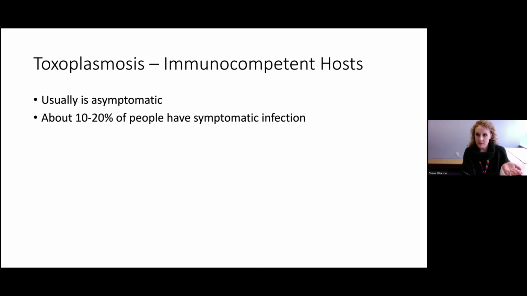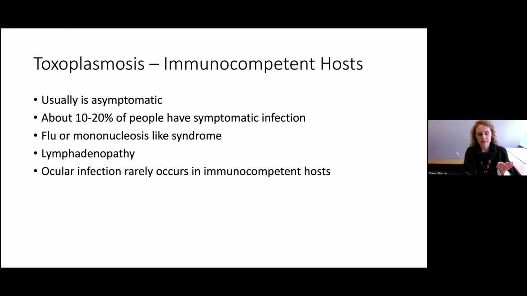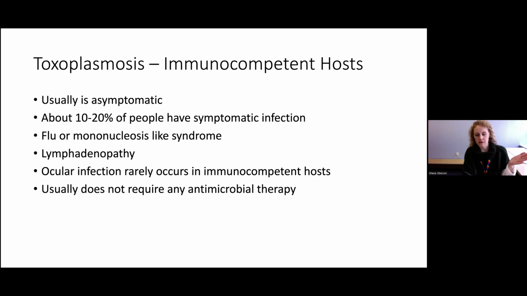Only about 10 to 20% of people will be symptomatic. It's usually a non-specific mono-like or flu-like syndrome, often with lymphadenopathy. Very rarely, immunocompetent people can have eye infection, but usually it's just this non-specific illness and usually doesn't need antimicrobials. Even if someone presents to the office with this and you figure out that's what it is, it'll usually just go away on its own. You don't have to give them any antibiotics for it.